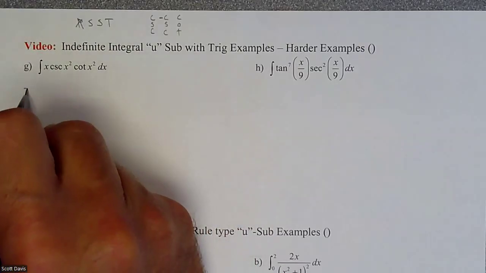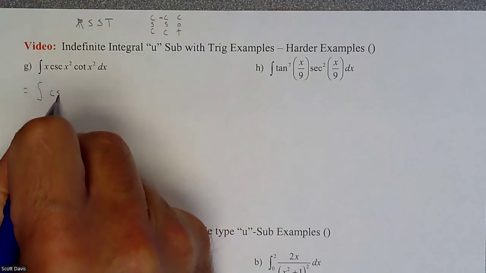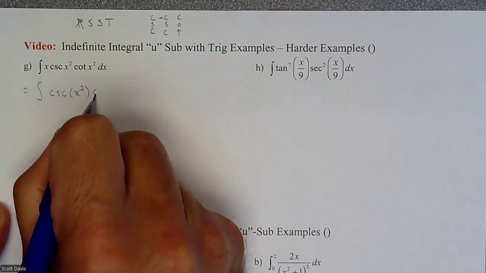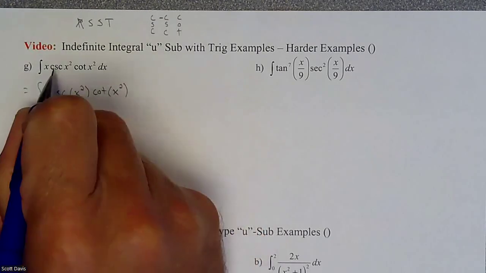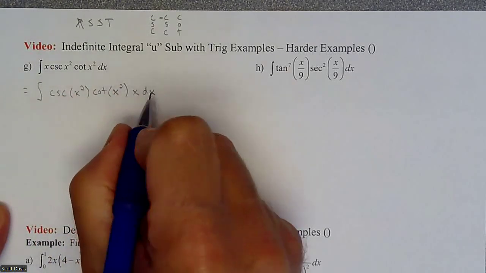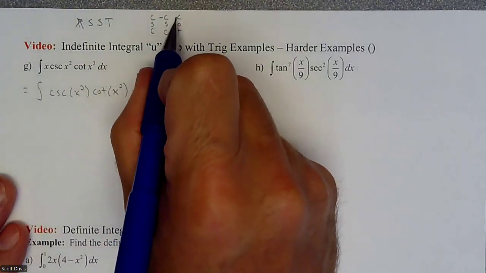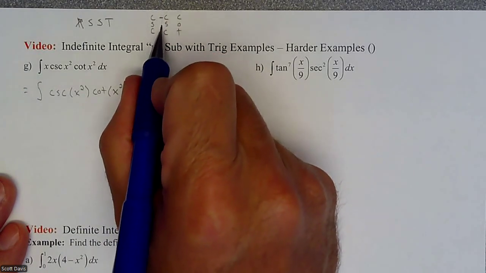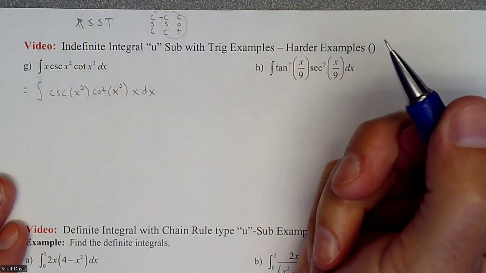So let me do one little bit of manipulation that we have cosecant, cotangent, and then I'm going to pull that x next to the dx. Okay, because there's some other things that I'm kind of looking for. So what I'm sitting with is a cosecant cotangent that I'm going to be going backwards in my integral.